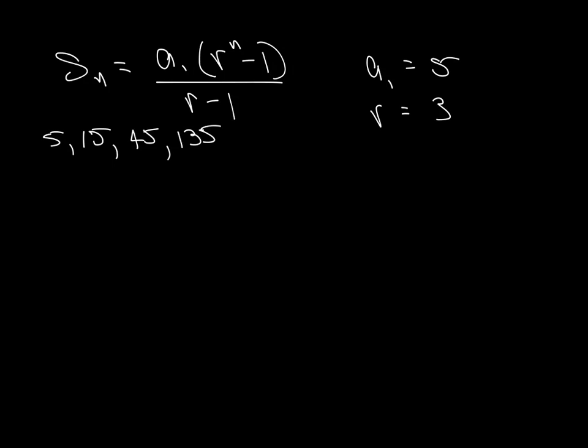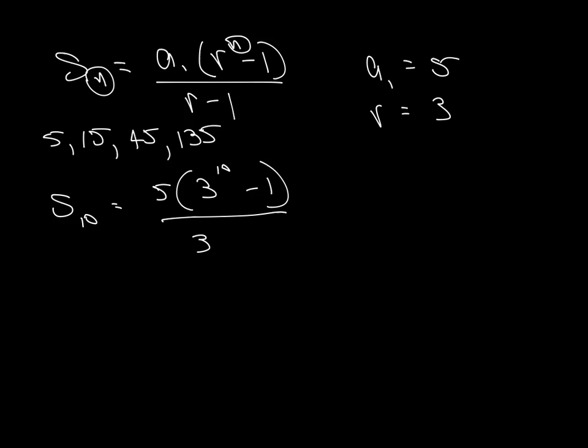Okay, so let's see what we've got. It says find the sum of the first 10 terms. So this n here is going to be a 10. My first number is a 5. My r is a 3. My n, again, is a 10, minus 1, over r, which is a 3, minus 1. Okay, so there's my formula.